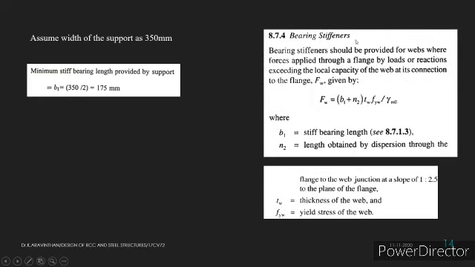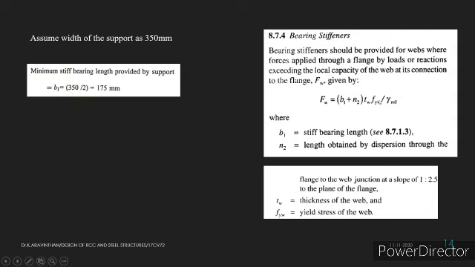Bearing stiffeners should be provided for a web where the forces through the flanges by load or reaction exceed the local carrying capacity of the web at the connection to the flange. This is Fw. How to find this?